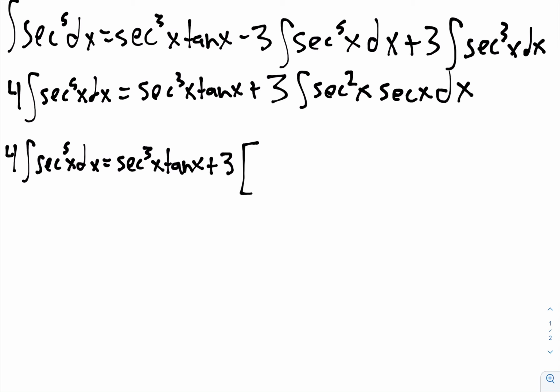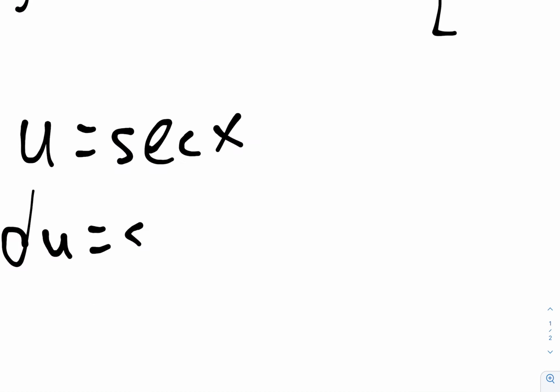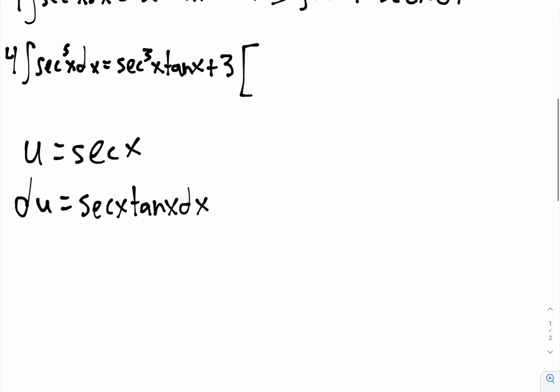So let's think here. Let's let u equal secant, because we can integrate secant squared, right? That's just going to be tan x, so it's going to make it a bit easier on us. And we already know the derivative of secant x. We did it before. It's just itself, secant x times tan x, and we get that dx hanging out there.